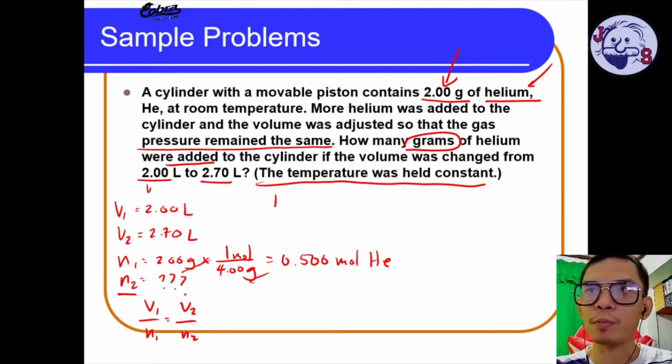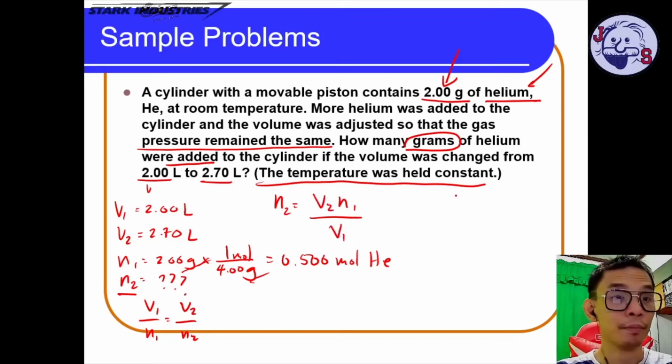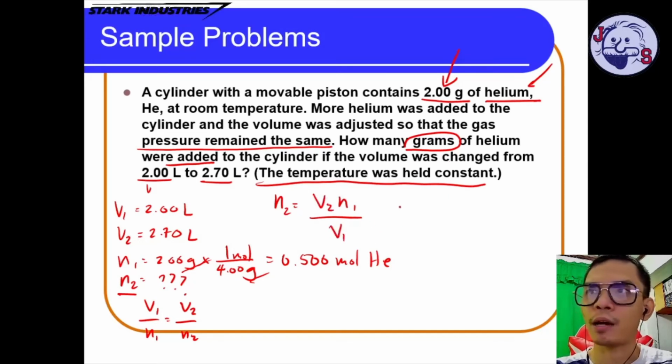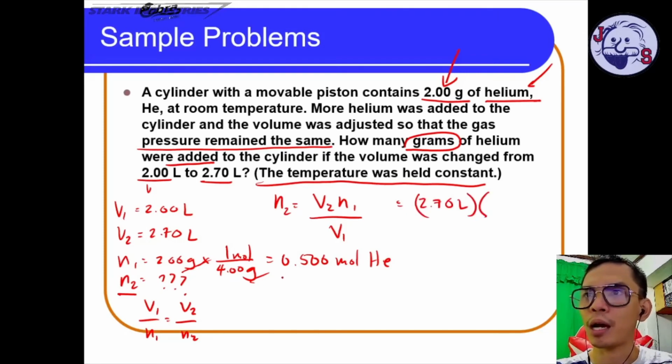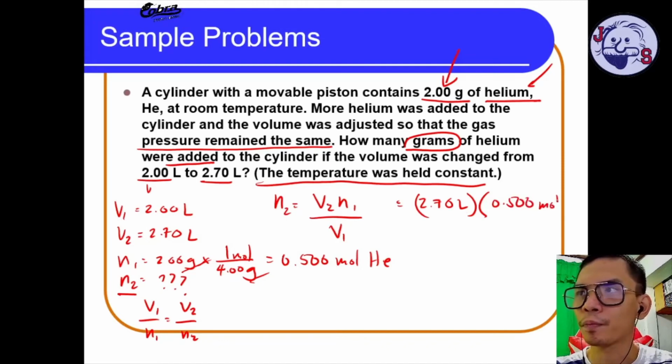Since N2 is missing, N2 is equal to V2 times N1 over V1. So that is the formula here, and we'll plug in all the values that we have over here. Liters, then we have the 0.500 mole over 2 liters.